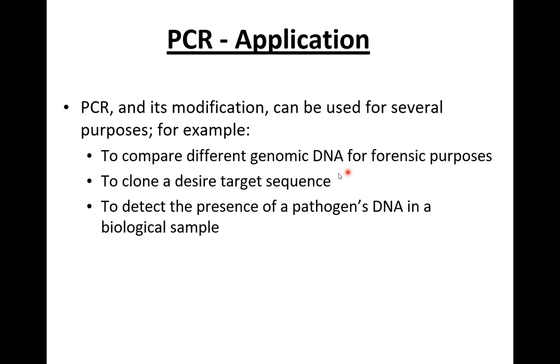So you can use it, and we'll go through an example in the next slide, to analyze genomic DNAs to do forensic studies. Or you can use it to clone a desired target sequence. Let's say you're interested in cloning a specific gene or even a promoter you want to study. That's how I've done it. For example, I wanted to study how the Duchenne muscular dystrophy promoter works, how it is activated in muscle cells or neurons and so on.